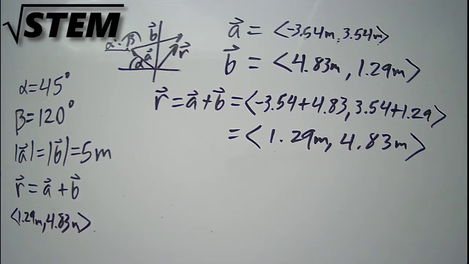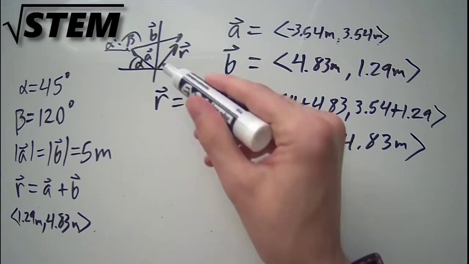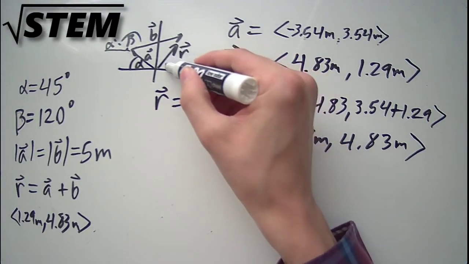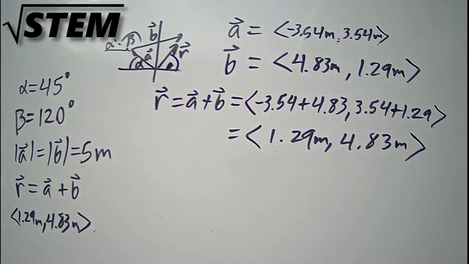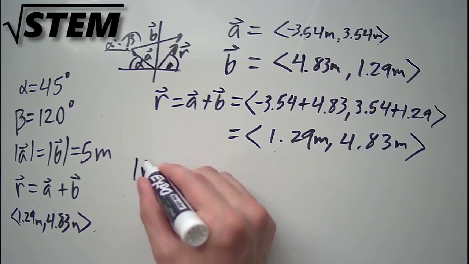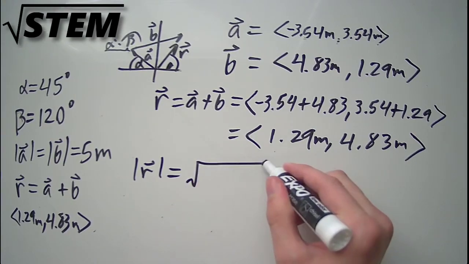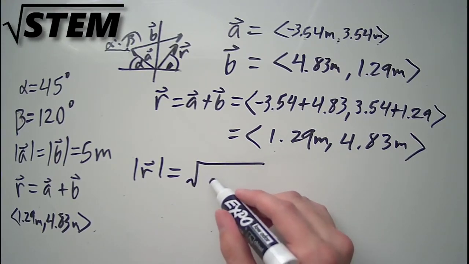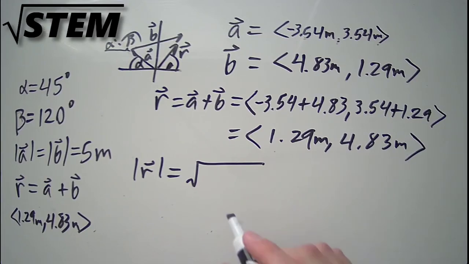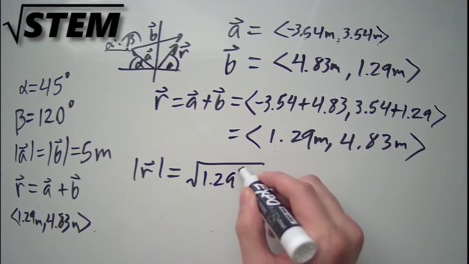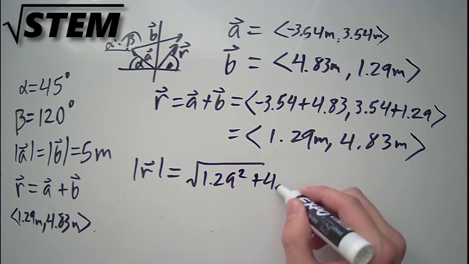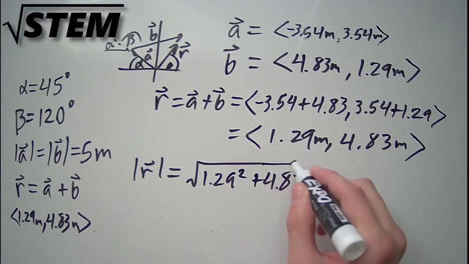Now, let's express R in polar coordinates in terms of a length and an angle that it makes with the x-axis. So, we can calculate the length. R is equal to, what we always do is take the square root of the two side lengths squared. So that's 1.29 squared plus 4.83 squared.